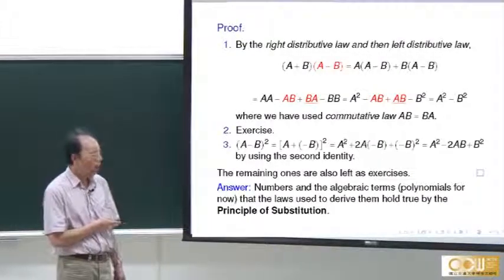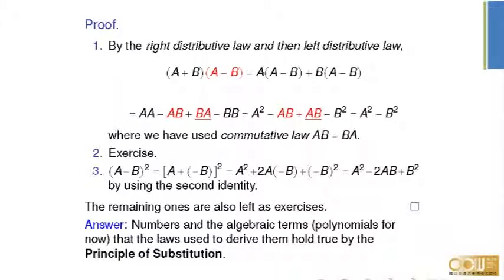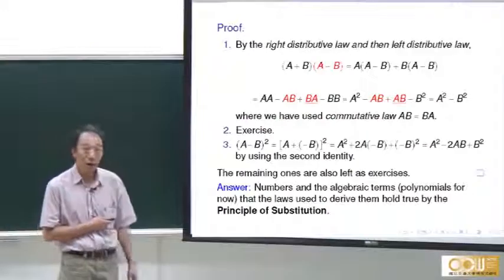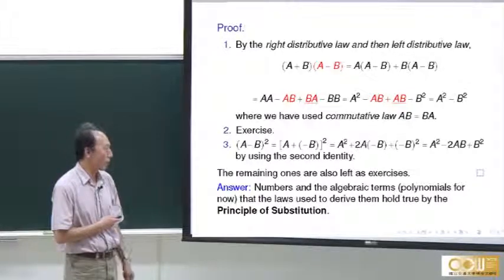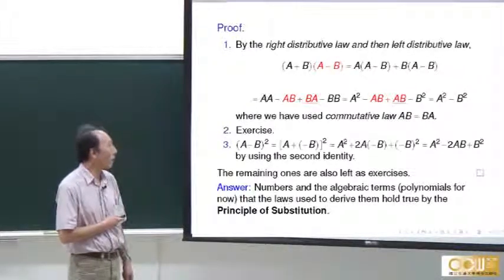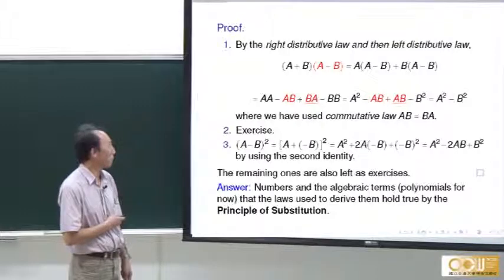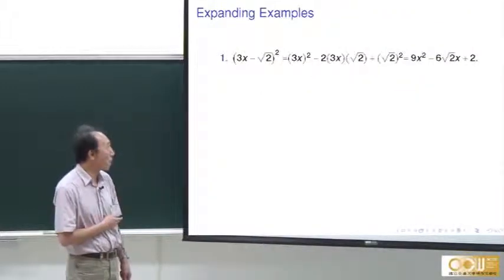And for now, the numbers or the algebraic expressions, the polynomials, hold true by using the principle of substitution. That is, as long as A and B are numbers or polynomials, we can apply all these identities. Here are some expanding examples.